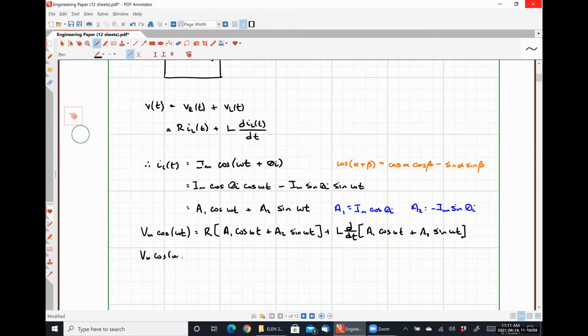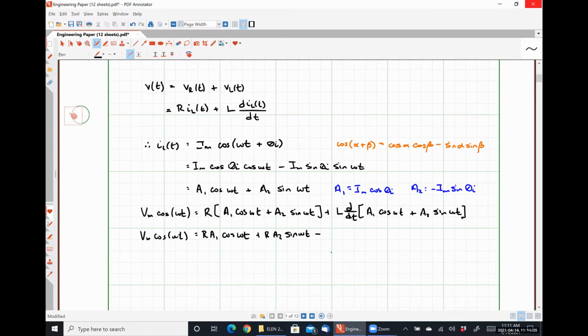Vm cosine omega t is equal to R A1 cosine omega t plus R A2 sine omega t minus L A1 omega sine omega t plus L A2 omega cosine omega t.